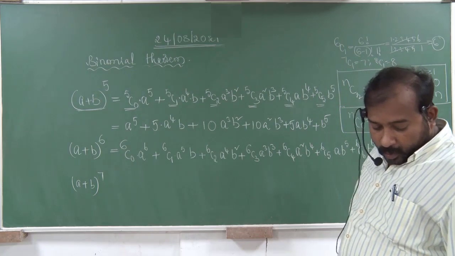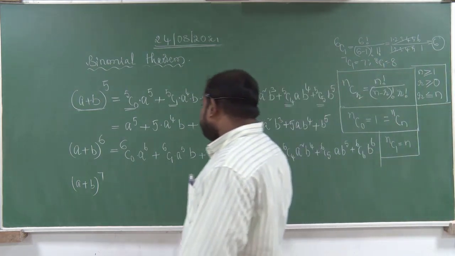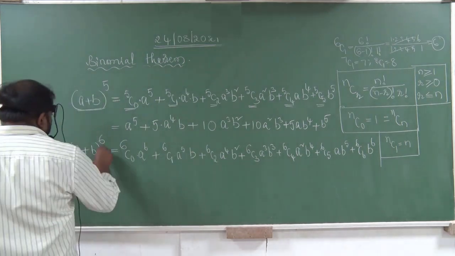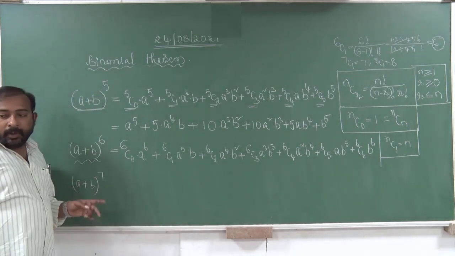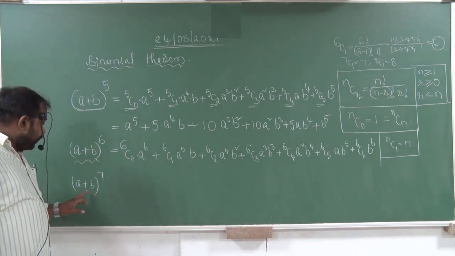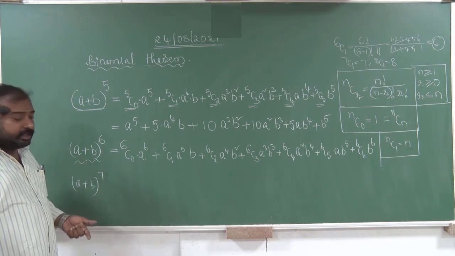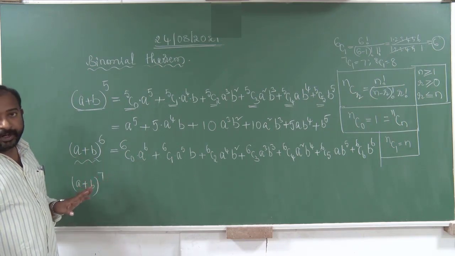And here is one more important point. For example, (a plus b) whole power 6: how many terms are there? 7 terms are there. If you take (a plus b) whole power 7, then how many terms are there? 8 terms you will get.